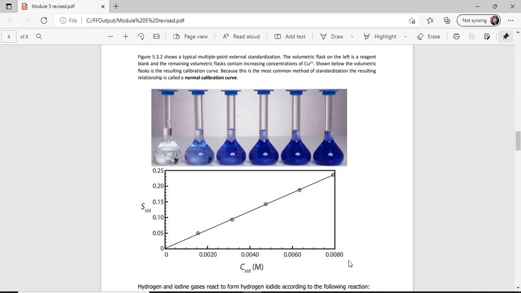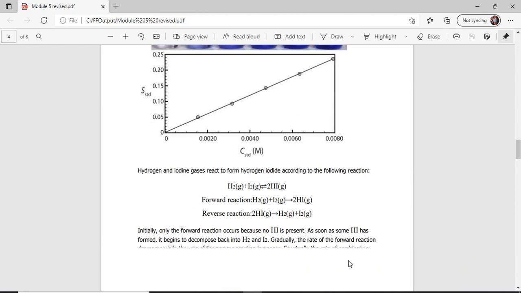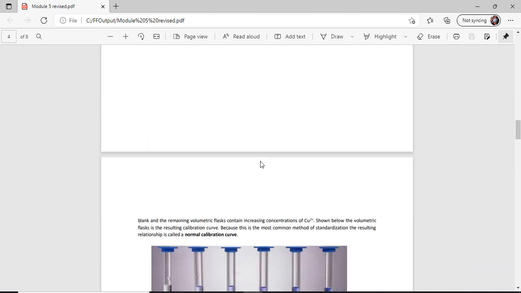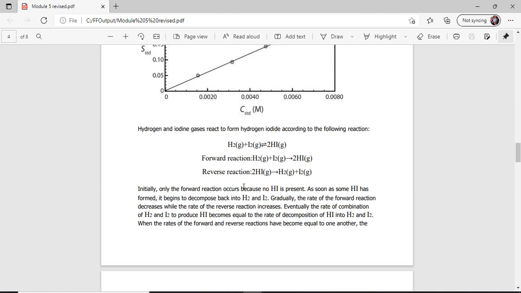Now for your hydrogen, what I was talking about is your equilibrium balance. Meaning, your hydrogen and your iodine gases react to form hydrogen iodide according to the following reaction. If you have hydrogen plus iodine, both in gaseous state, it will form HI. The forward reaction will form 2HI, still in a gaseous state.